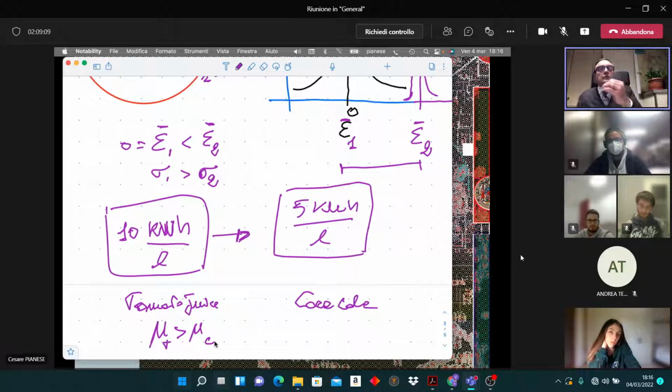And then you can use smaller wires, it will cost less. Is this example fine to you? Do you understand? Okay, so this is the model.